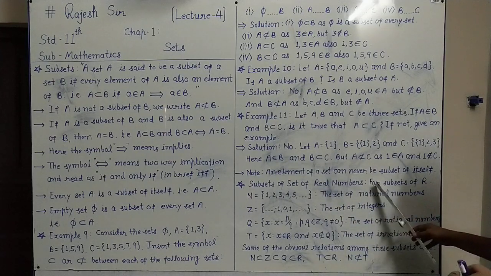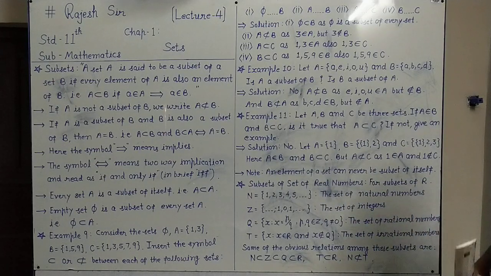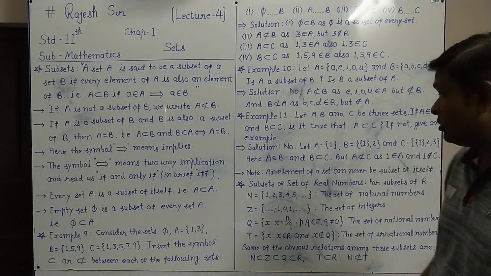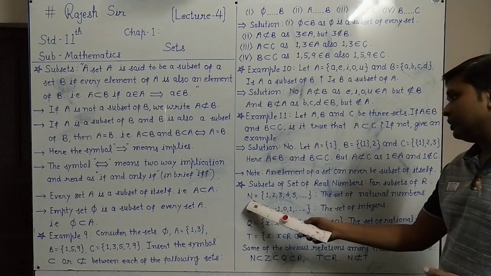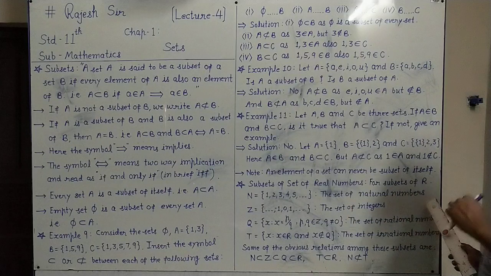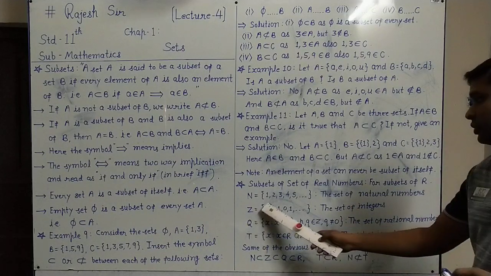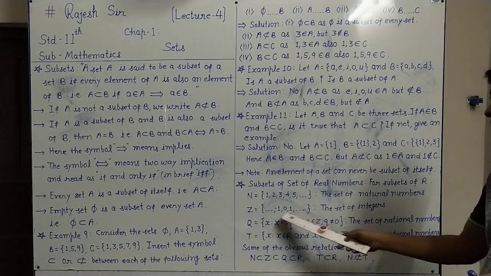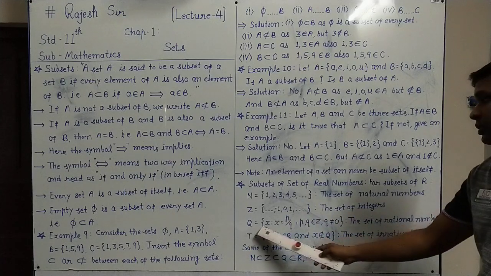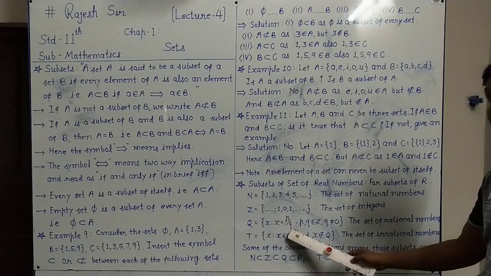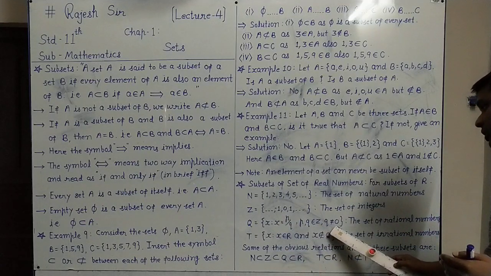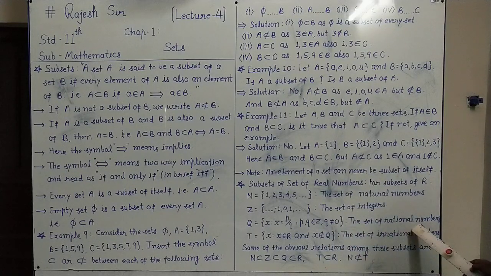For subsets of R, some real number subsets we have seen in the beginning of this chapter also. That we recall here somewhat. Capital N equals 1, 2, 3, 4, 5, the set of natural numbers we know. Z equals minus numbers and plus numbers with 0, all integers, the set of integers. Q equals x such that x equals p upon q form numbers, where p, q belong to Z and q is not equal to 0, the set of rational numbers.